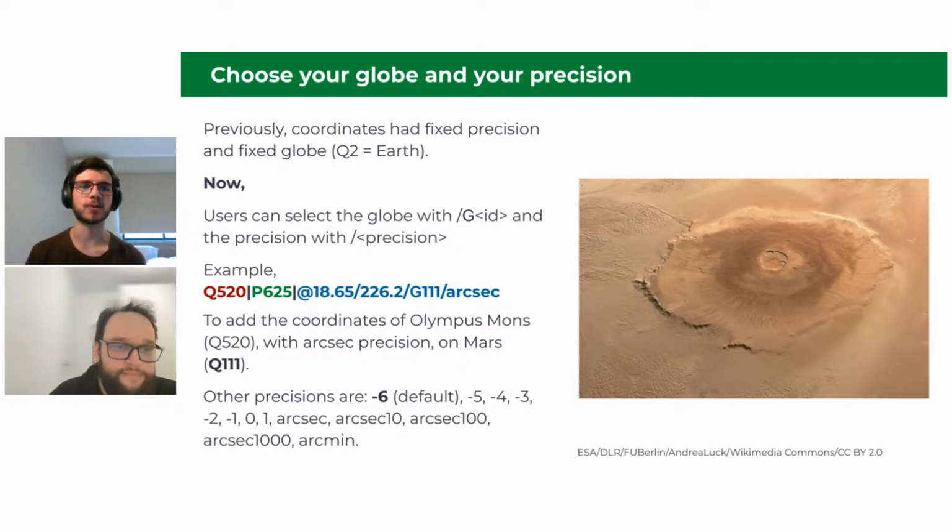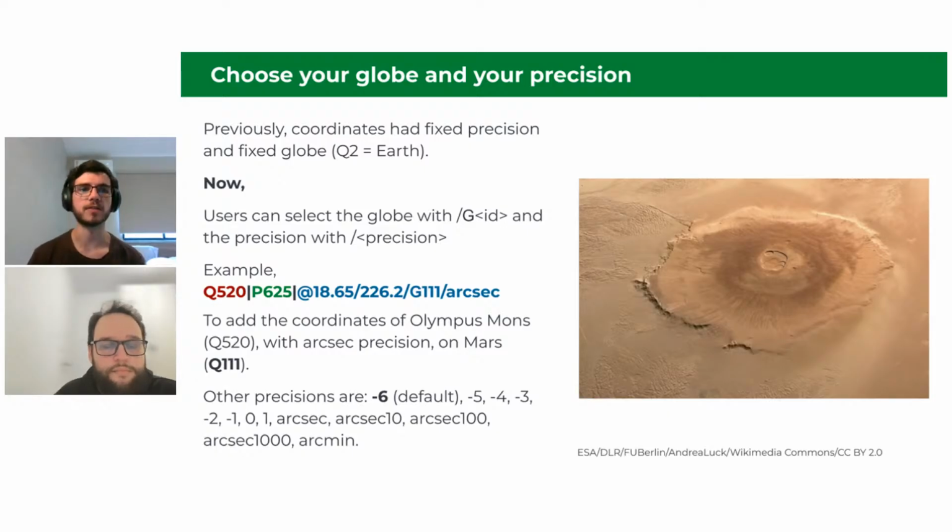So the syntax for the precision is -6, which is the default. If you don't put anything, it's the same as putting slash -6. And -6, -5, -4, -3, -2, -1, 0, and 1 are all powers of 10. So 10 to the -6, 10 to the -5, 10 to the -4, 10 to the -3, and so on. 10 to the -1, for example, is 0.1. 10 to the 0 is 1, and 10 to the 1 is 10.